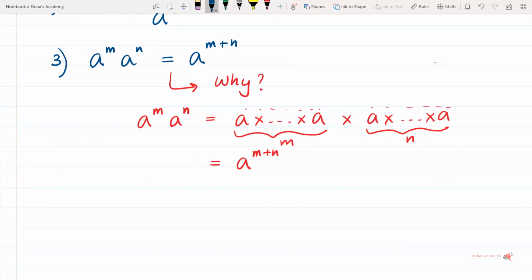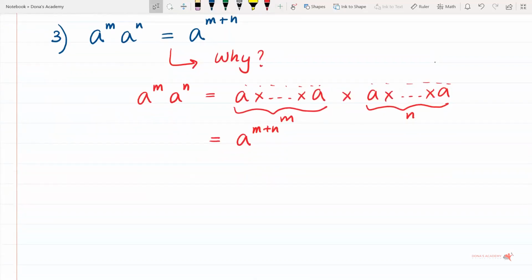Alright, next one. Here the third one was multiplication. Now I am taking the division. A to the power m divided by a to the power n. So here I see again the same base. In this case, this is equal to a to the power m minus n.